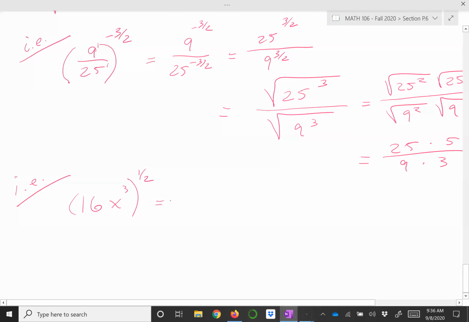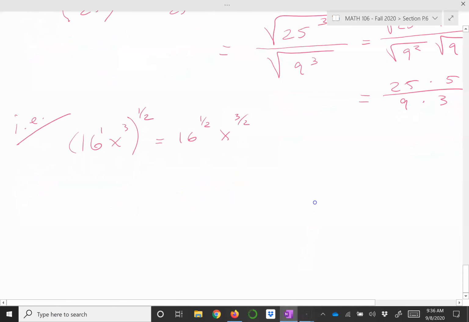So let's go ahead and follow the same steps. Just as an example too, the 16 has a 1 here, okay? What do you do when you raise a power to a power? You multiply them. So we're going to get 16 to the 1/2, and then x to the 3/2. Everyone okay there?